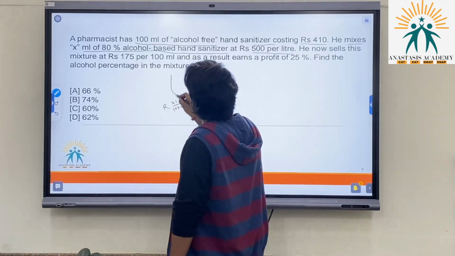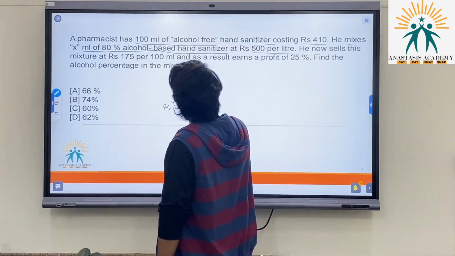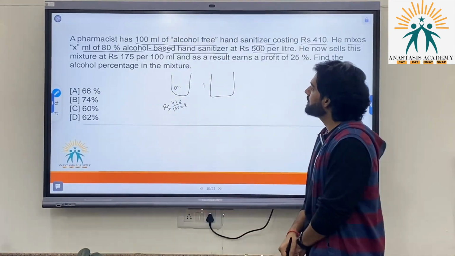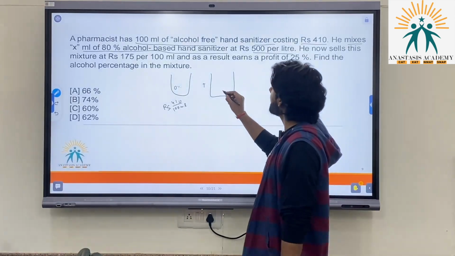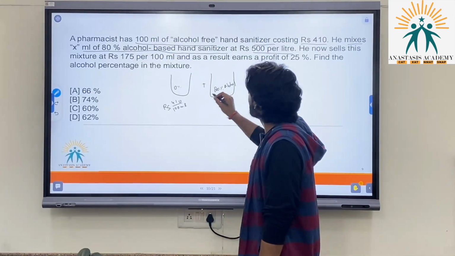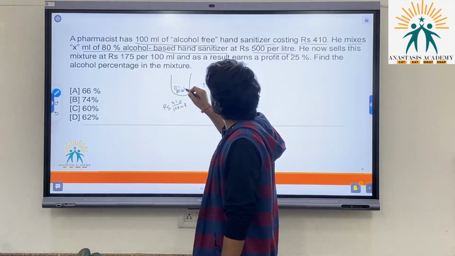This is the rate of this 0% alcohol sanitizer, and he is mixing it with 80% alcohol. This is 80% alcohol, and this is 0% alcohol.